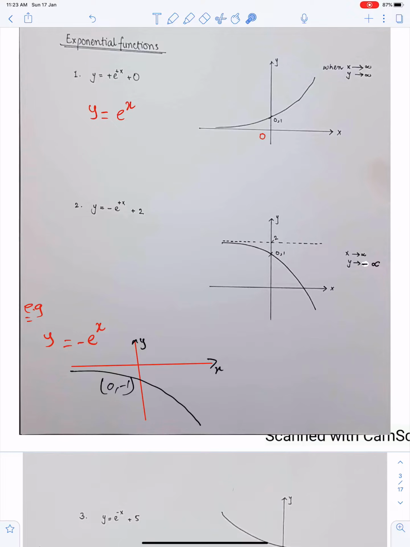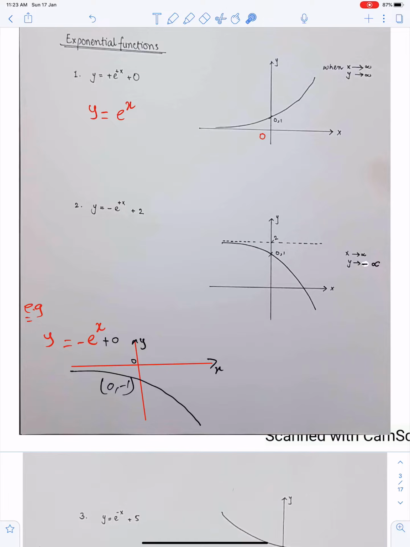See, since this exponential has +2 here, it must be parallel to +2. This has nothing here, so this should be parallel to 0. So this exponential is parallel to 2. And its intercept, when you put 0 here, you'll get 1, -1. So 2 minus 1 makes 1.